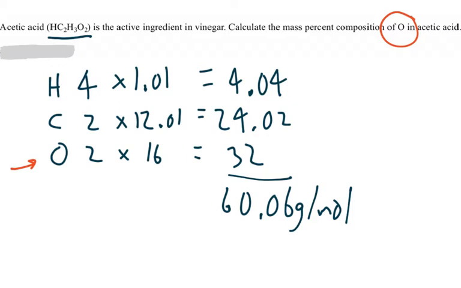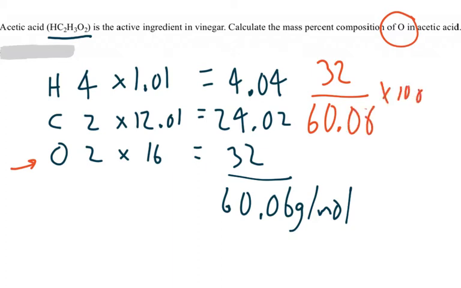So the last step is to do the part of oxygen, which is 32, over the total. Again, the units are going to end up canceling anyways, okay? And then don't forget to put times 100. So let's go 32 divided by 60.06, okay? And then times 100, of course.